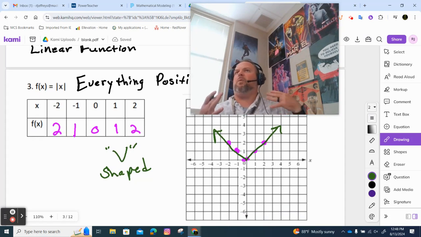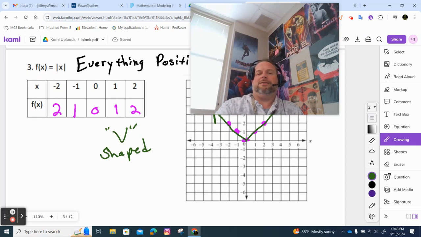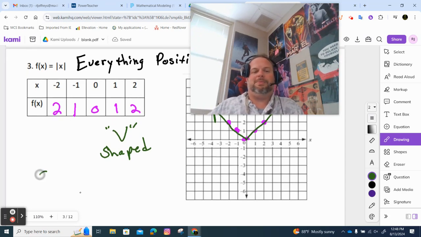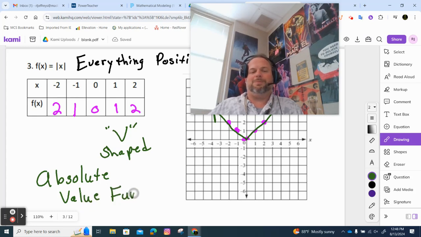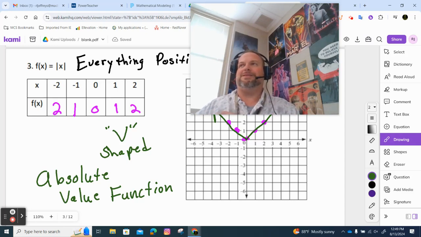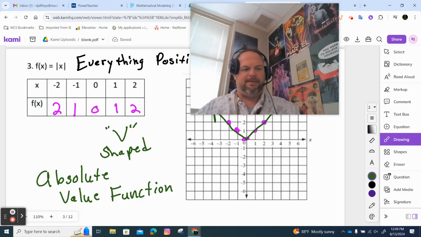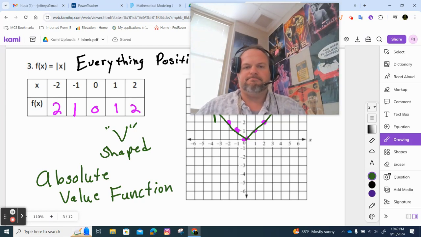Anybody want to take a stab at what this is called? Just an absolute value function. That's it. Nothing special.